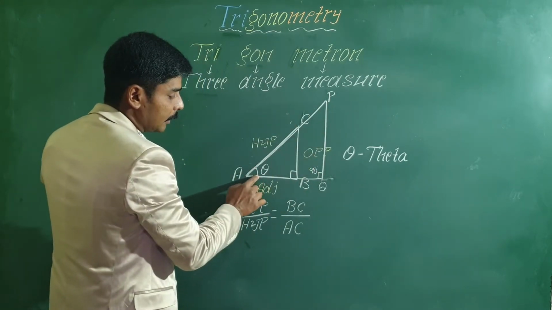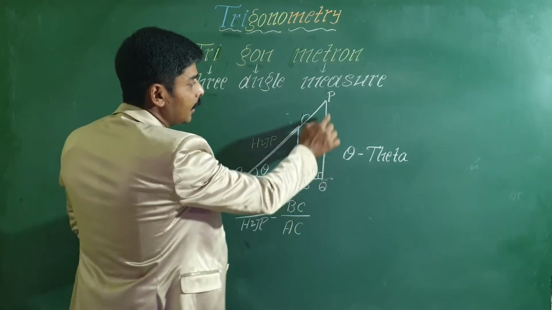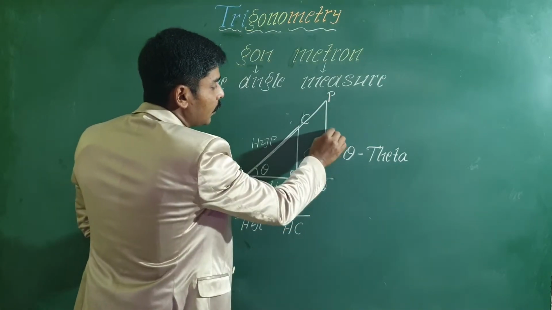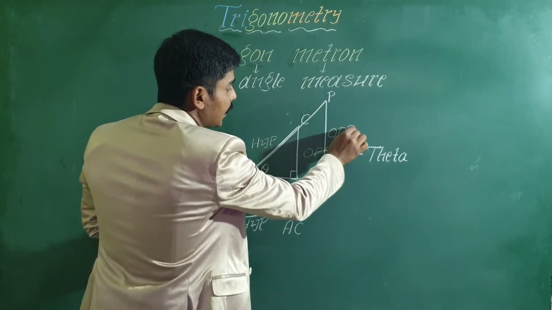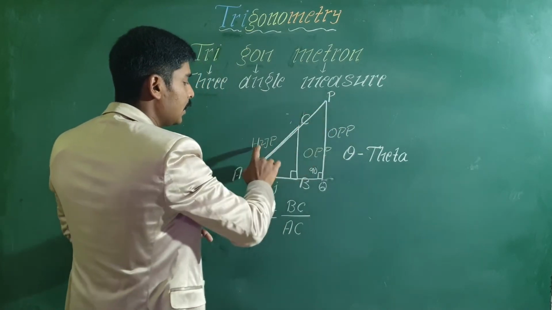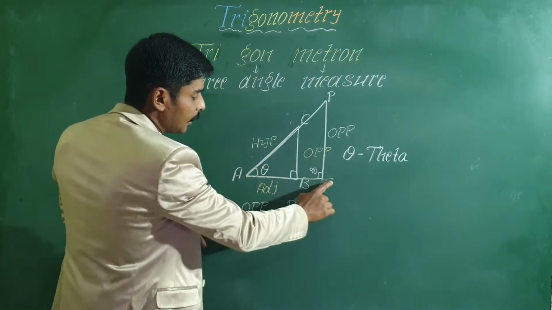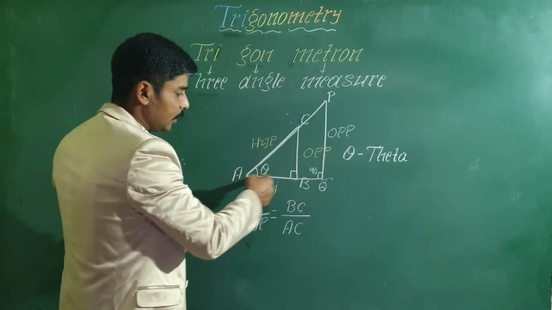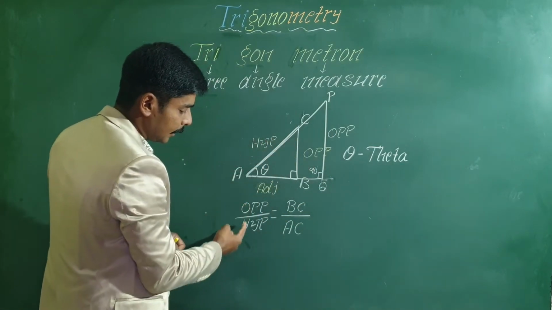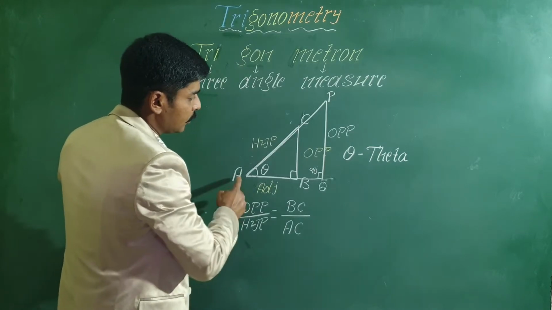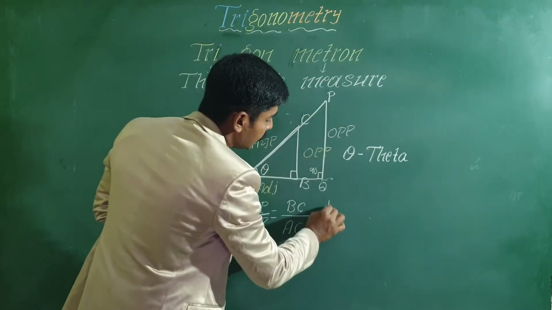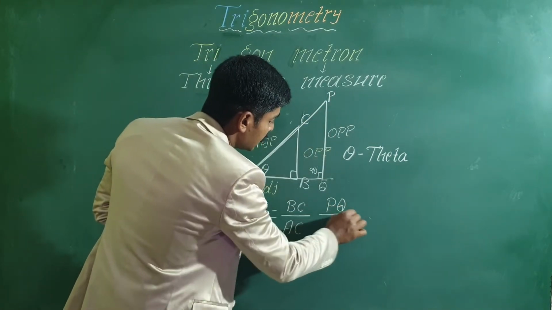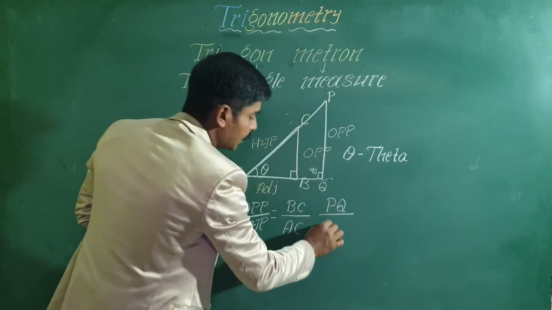So with respect to angle theta, for this right angle triangle AQP, PQ will be the opposite side, AP will be the hypotenuse, and AQ will be the adjacent side.